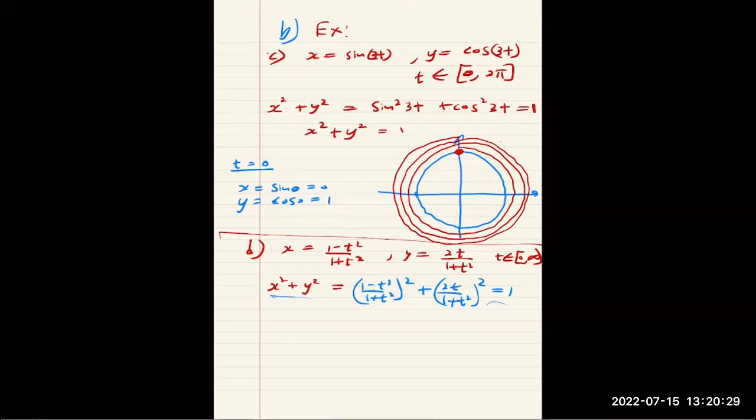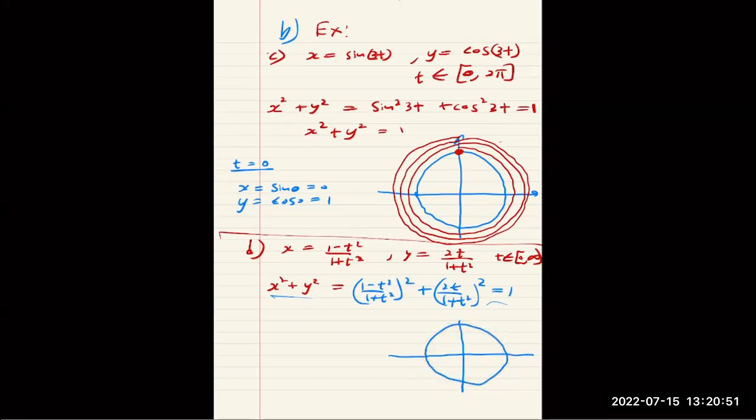Now we know that our curve should be on the unit circle, but we need to figure out which direction it moves and which region it specifies on the unit circle. Would that be this region? Would that be this region? Or would that be multiple revolutions like in the previous example? How do we deal with this?